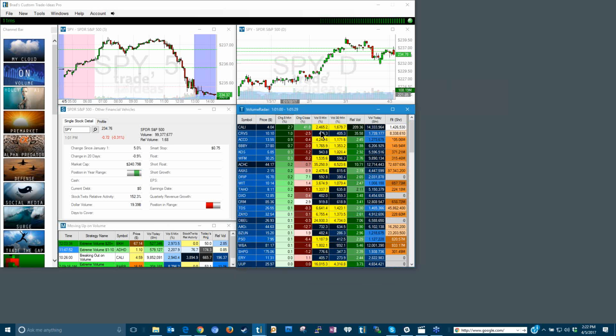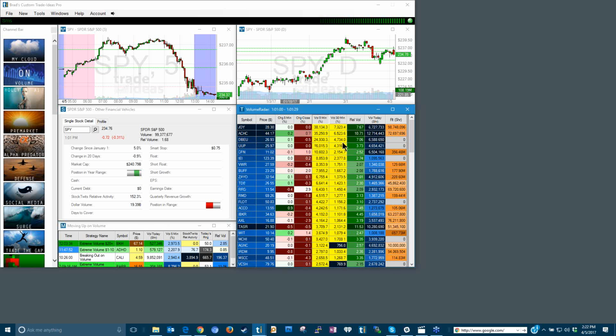So this top list window right here is slicing and dicing volume on a variety of different time frames. I'm looking at it on a 5-minute time frame, a 30-minute time frame, cumulative throughout the day, all of those. And I'm also looking at a little bit of price action. Again, my sort order is change over 5-minute percentage, but if I just wanted to see what stocks have traded the most over the last 5 minutes compared to normal, right?